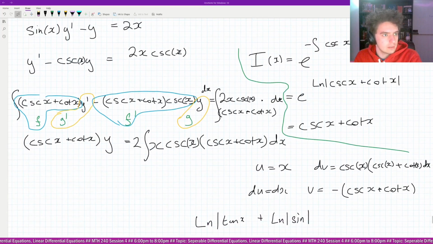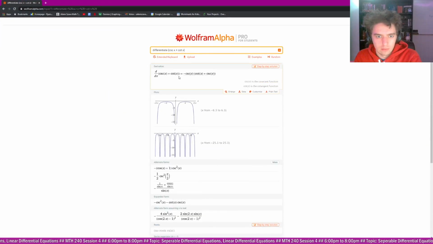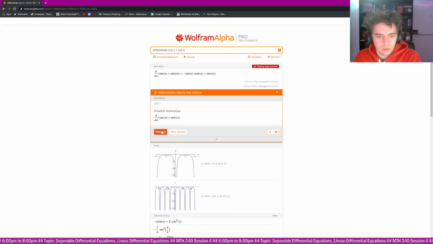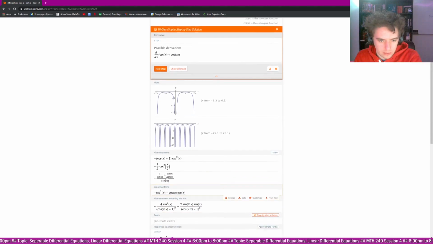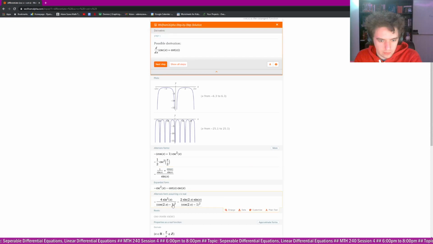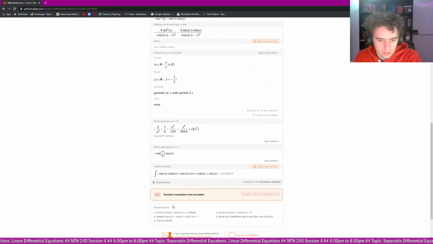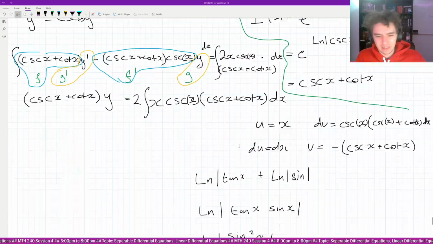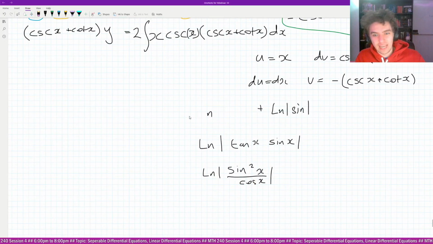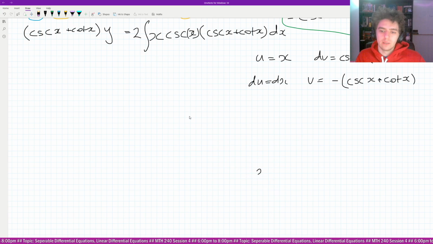Yeah, it gives me what I was expecting. Derivative of cosecant x plus cotan x is negative cosecant times cotan plus cosecant. Let's see, alternate forms. Is there alternate? It usually gives me alternate forms. No. Wolfram must have bugged out on that one. I don't know. Yeah, okay. But so we're good. Maybe it's the same. I can't see how to get to the same, but yeah, probably is the same. So anyways, we're good then.